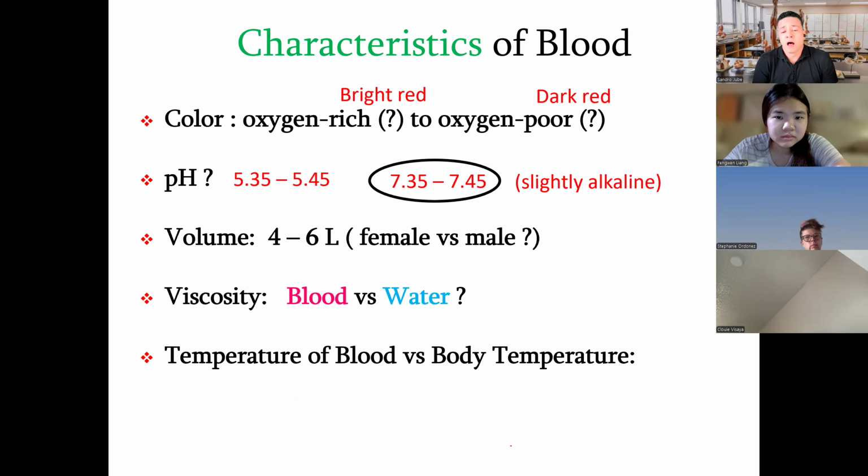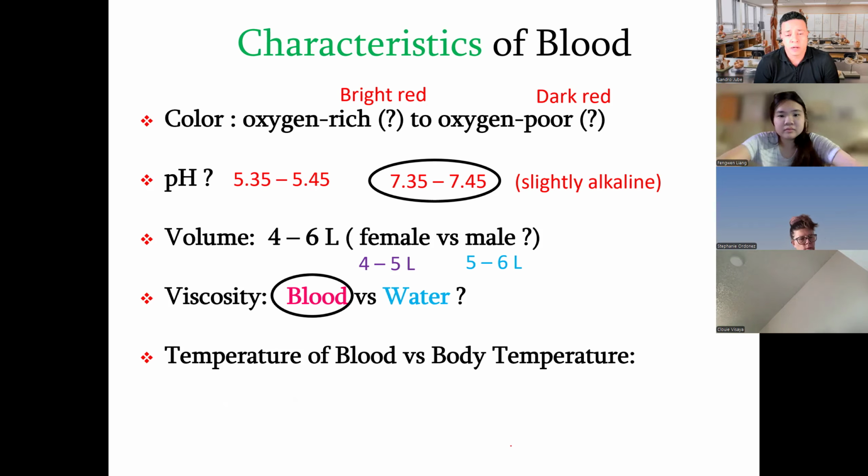The volume of blood varies between male and female. In general, females have between 4 to 5 liters of blood, while males, simply because we usually have a bigger body, have between 5 and 6 liters of blood. And blood is more viscous than water.